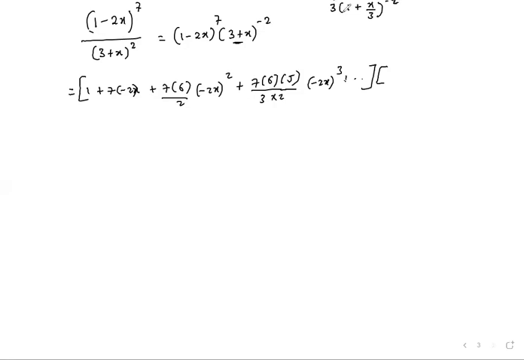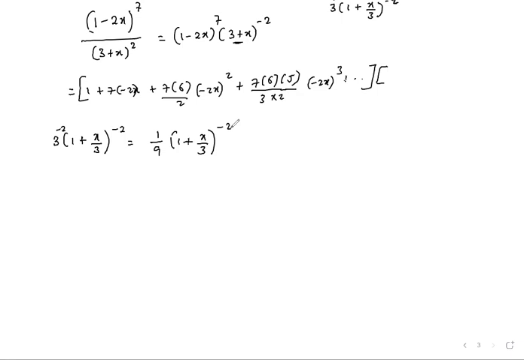Even here, power minus 2. So let me write it down here. So it will be 3, then 1 plus x over 3, power minus 2, power minus 2. Which you can write as 1 over 9, and then 1 plus x over 3, power minus 2.